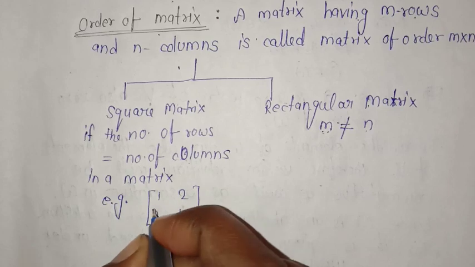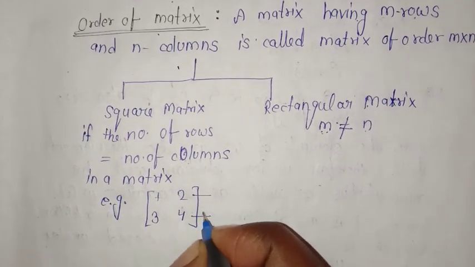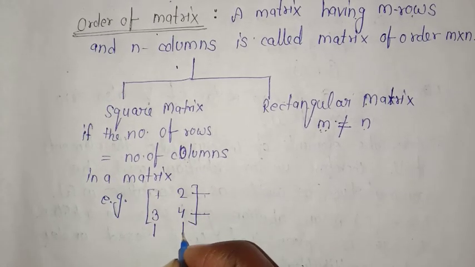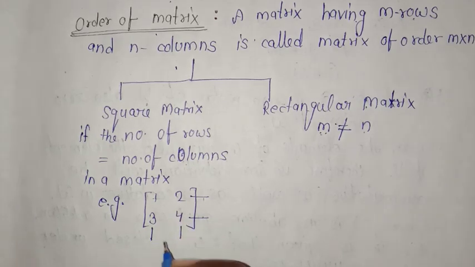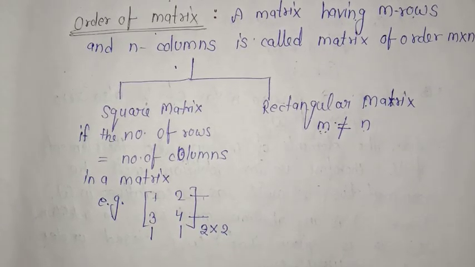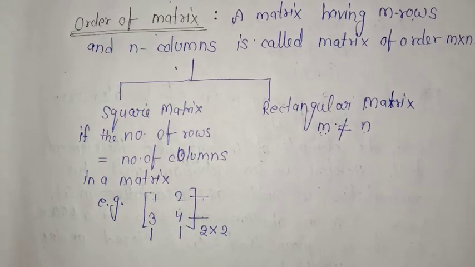How many horizontal lines? That is 1, 2, so there are 2 rows. And if I talk about columns, 1, 2. These are vertical lines. So 2 rows and 2 columns. So this matrix is a square matrix because the number of columns is equal to the number of rows, and the order of the matrix is 2.